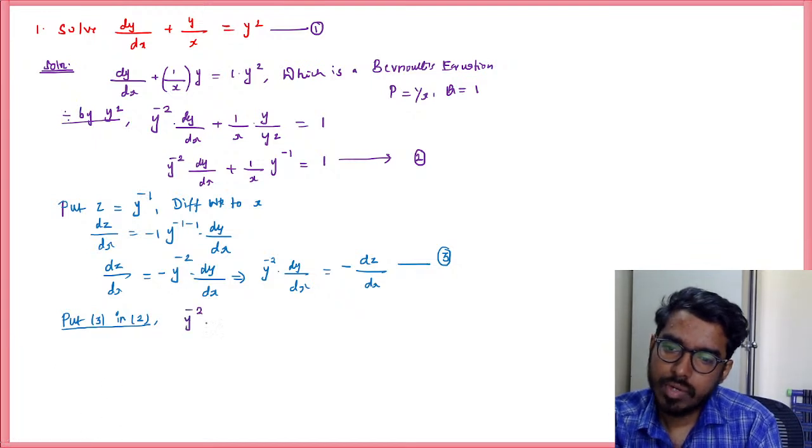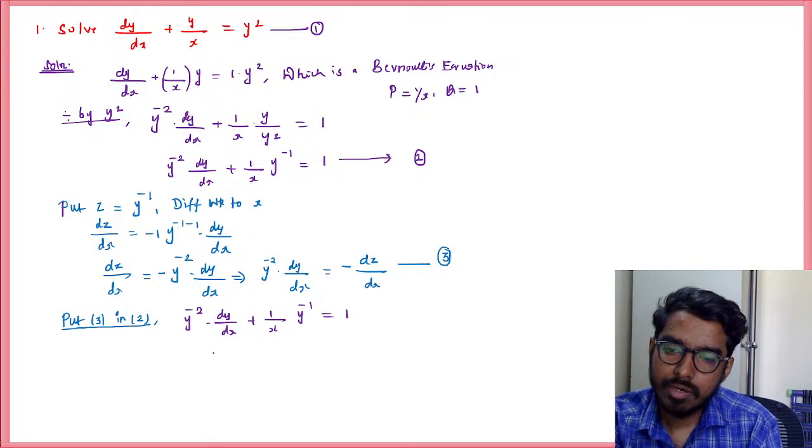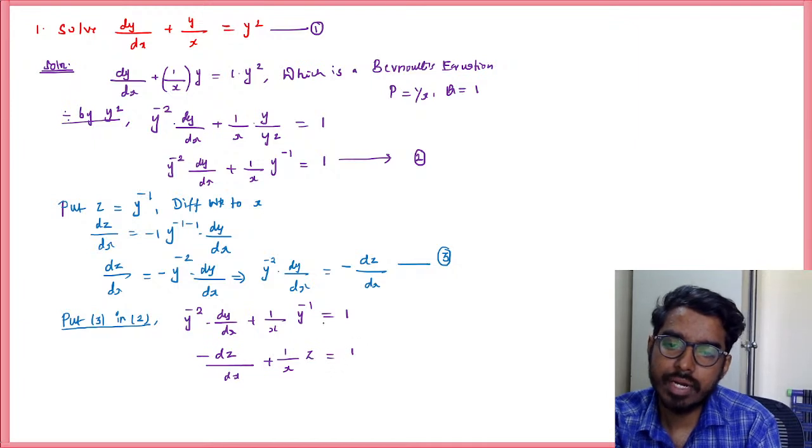So you will have y power minus 2 dy by dx plus 1 by x y power minus 1 equal to 1, this is our equation number 3. So y power minus 2 dy by dx value is minus dz by dx plus 1 by x y power minus n is z by your assumption, it is equal to 1. So multiply throughout by minus sign here.